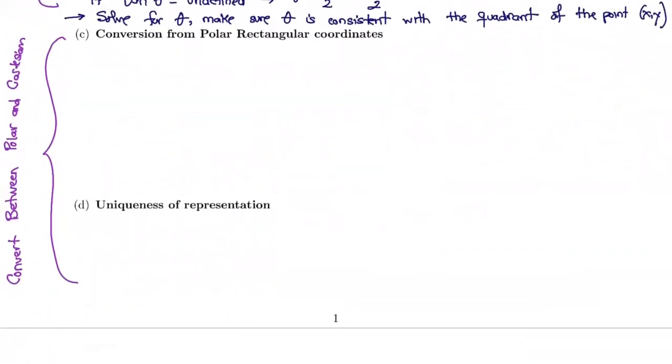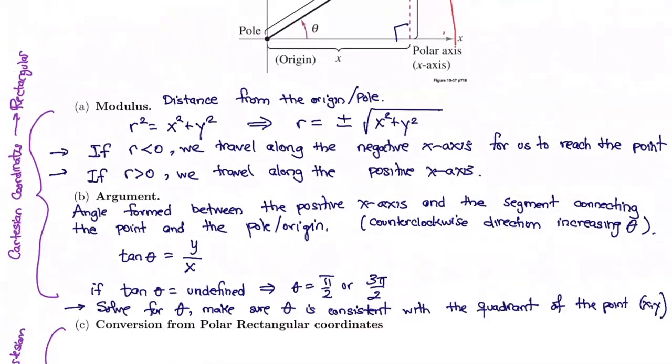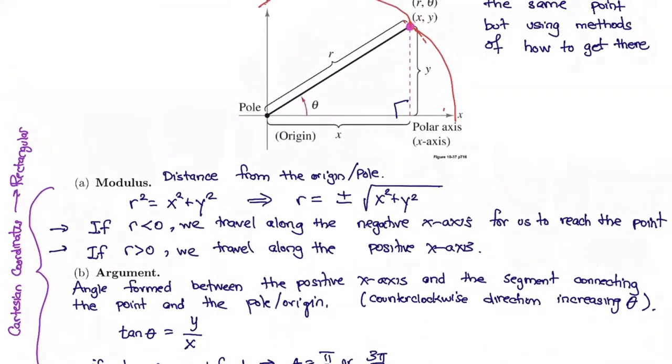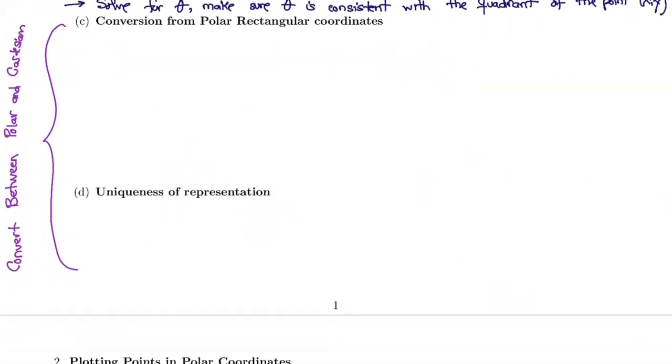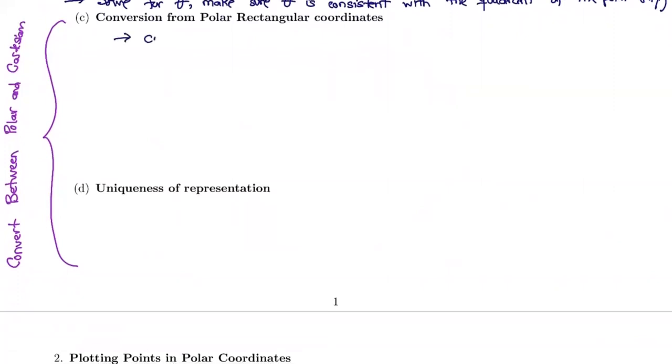So we assume we're given the polar coordinates and we want to find the Cartesian coordinates. We have the following if you look at the triangle. That is, if we want to find a way to relate x to r and to theta, we can see that the cosine of theta will equal x over r. And that is going to imply that x is equal to r cosine of theta.